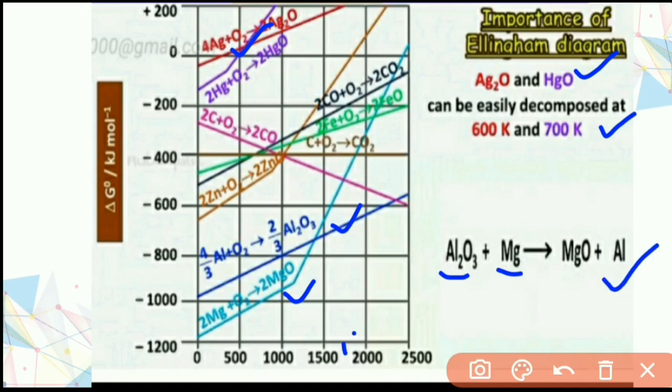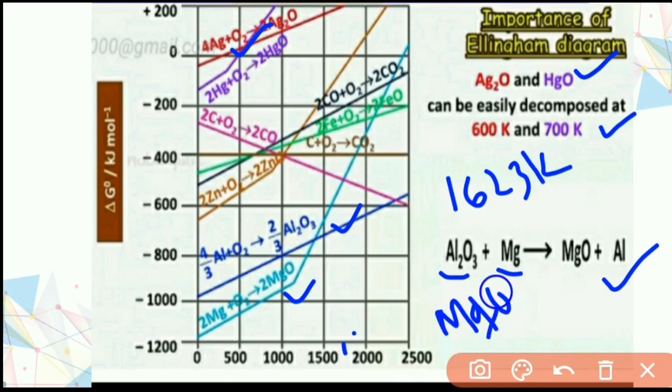However, above 1623 Kelvin, the del G value for aluminum oxide is more negative than that of magnesium oxide. Thus del G of the reaction becomes negative, and therefore above 1623 Kelvin aluminum can reduce magnesium oxide to magnesium, using aluminum as a reducing agent.